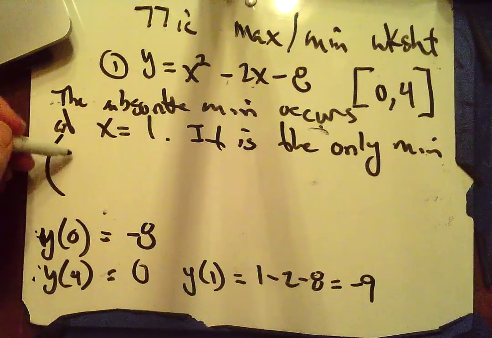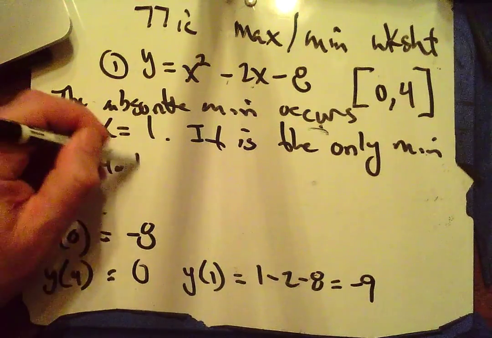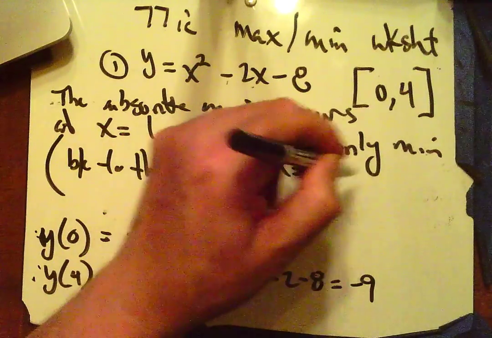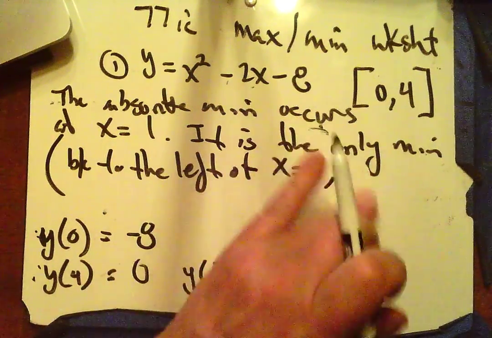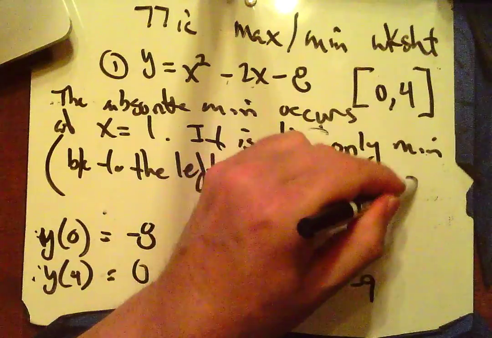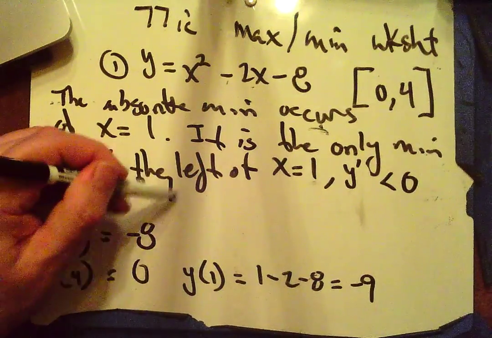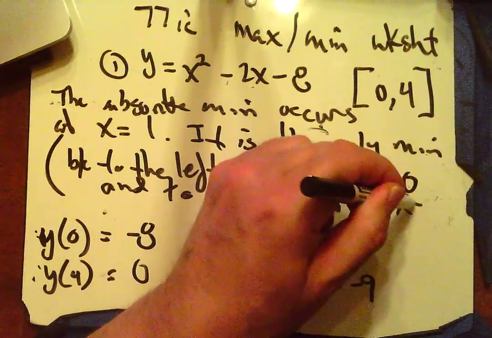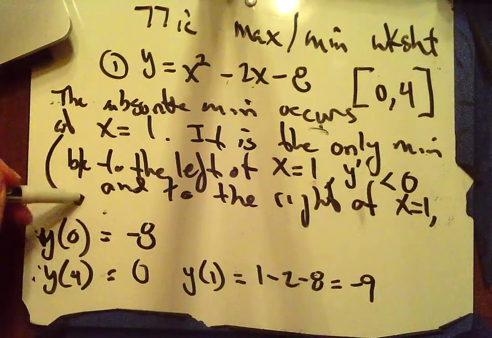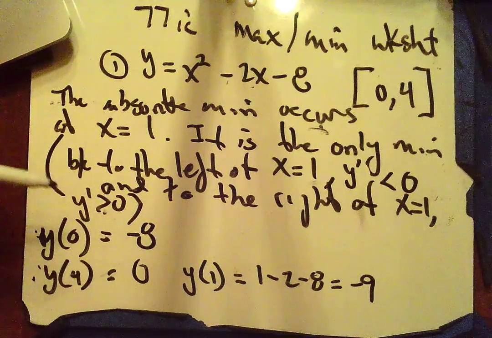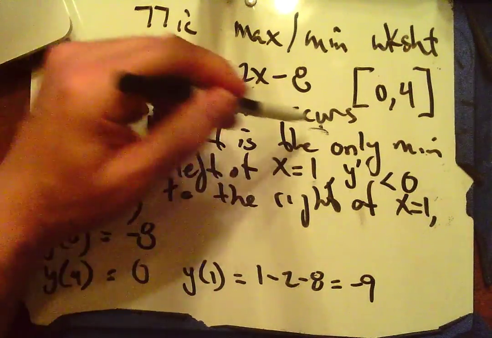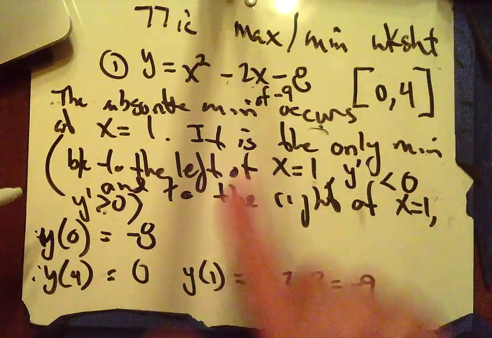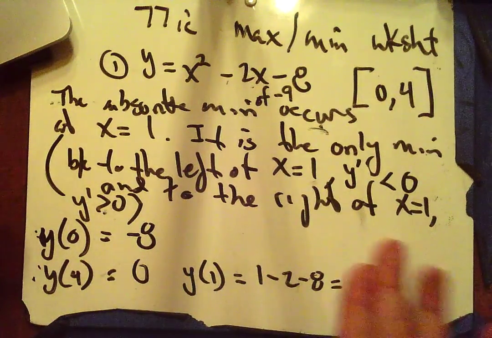And I know it's a min because to the left of x equals 1, y prime is less than 0, and to the right of x equals 1, y prime is greater than 0. And there's an absolute min of negative 9. I'd like to get that into the sentence as well.